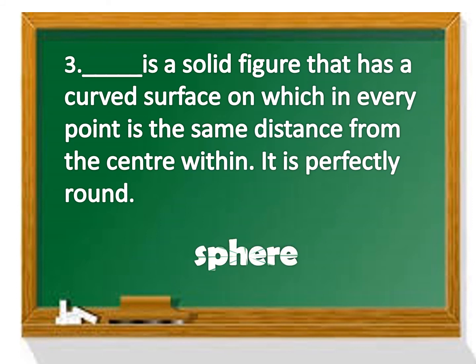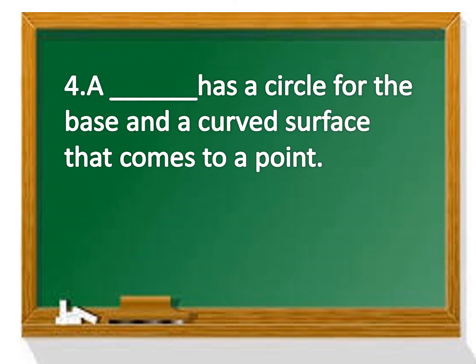The answer is sphere. Let us read number 4. A blank has a circle for the base and a curved surface that comes to a point. What solid figure is being described? The answer is cone.